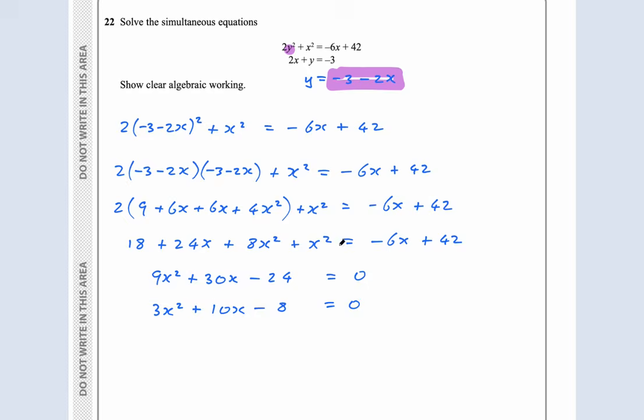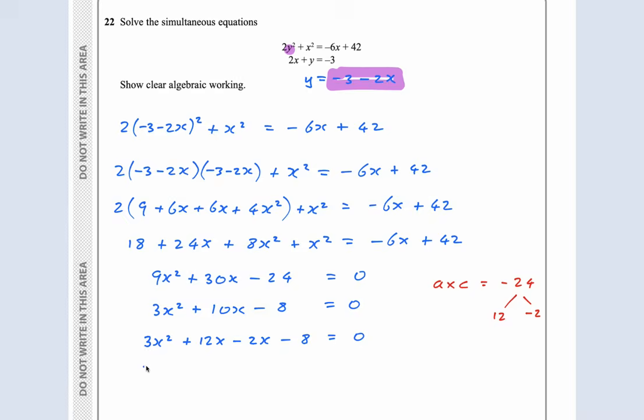So many ways to factorize a quadratic, guys. My preferred way now is to do a times c, which is 3 times minus 8 is minus 24. And then what are the factors of minus 24 to give me plus 10? Well, it's 12 minus 2, because 12 minus 2 equals 10. And then I go 3x squared plus 12x minus 2x minus 8 equals 0.